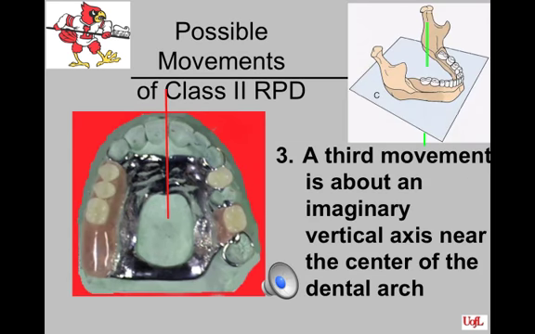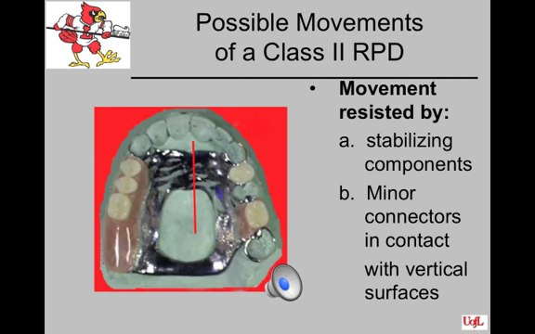A third movement is about an imaginary vertical axis that passes through the horizontal plane near the center of the dental arch. That movement is resisted by the stabilizing components, be they arms or plating, and the minor connectors that are in contact with the vertical surfaces.